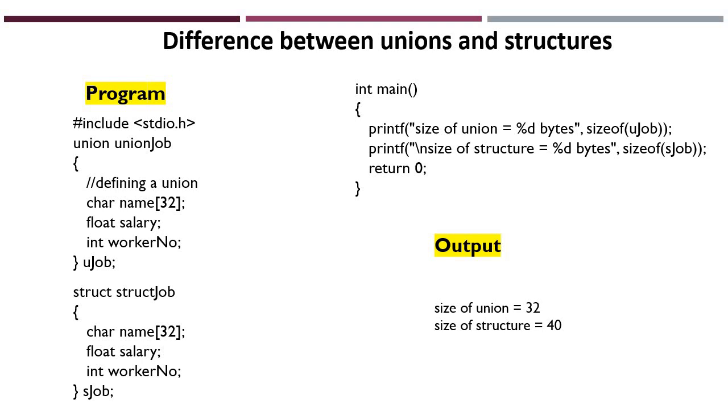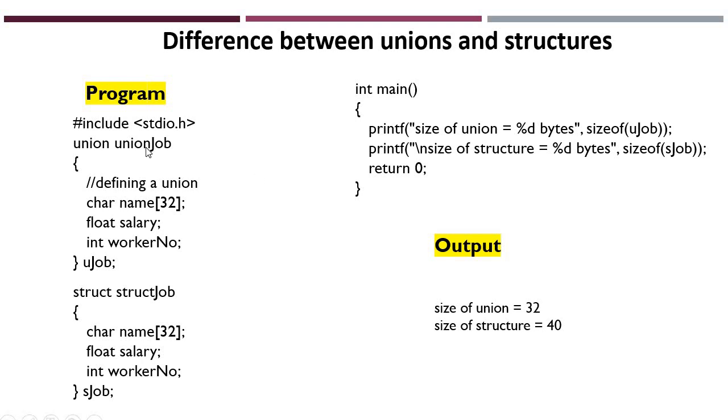And in the introduction part, I told you that there is a key difference between a union and a structure. So this is a slide which explains the major differences between union and struct. Here is an example program to explain the difference between structure and union in terms of size.